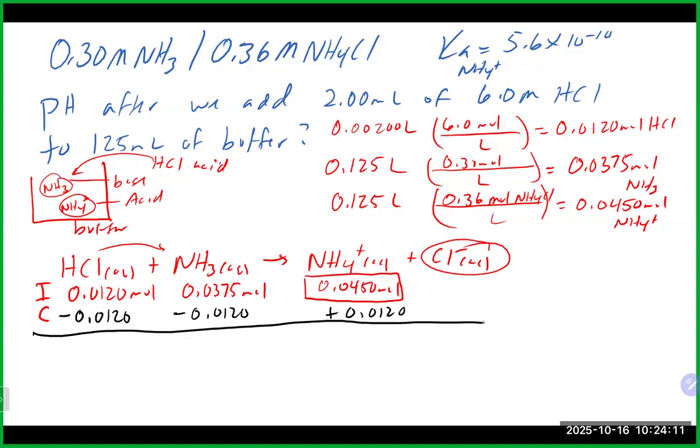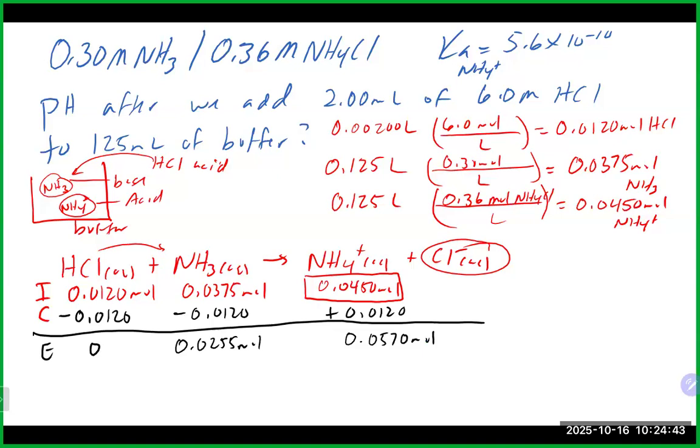Remember, it is a plus on the other side, as I mentioned before, also a very common error that people make. 0.0375 minus 0.0120, 0.0255 moles. And again, we're adding on the other side, so 0.0450 plus 0.012, 0.0570 moles here. Questions on the ice table?